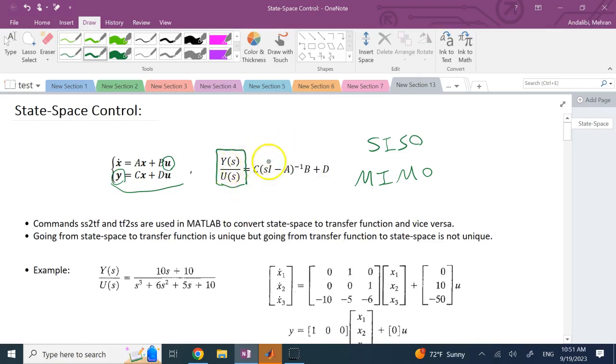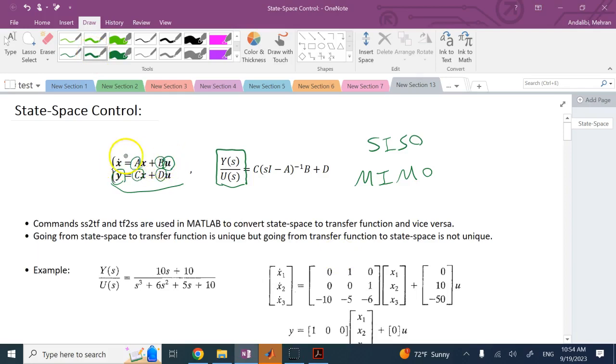And instead of that matrix of several of these polynomials, in a more compact format, you can show the whole system with just four fundamental matrices, A, B, C, and D. A is the system matrix or the state matrix, and that's the most important matrix, which determines basically the stability of the system.